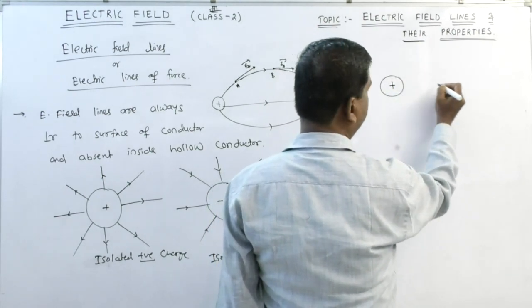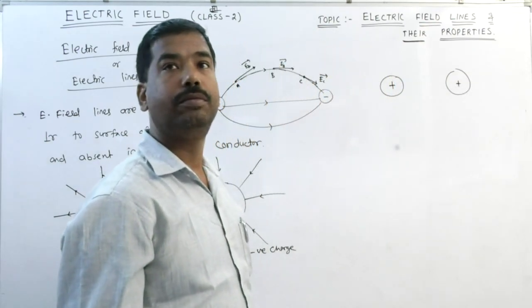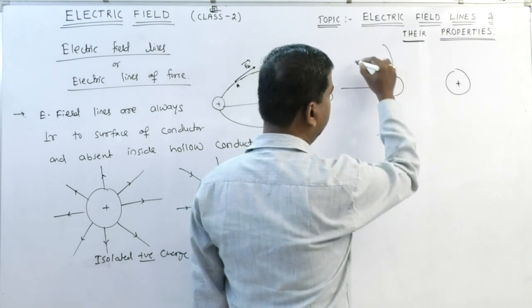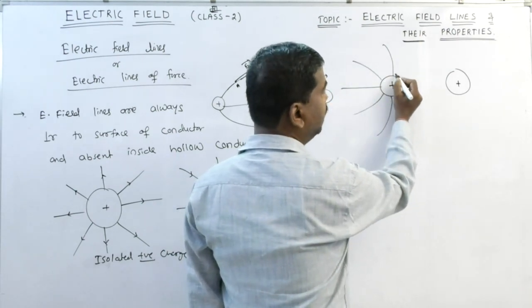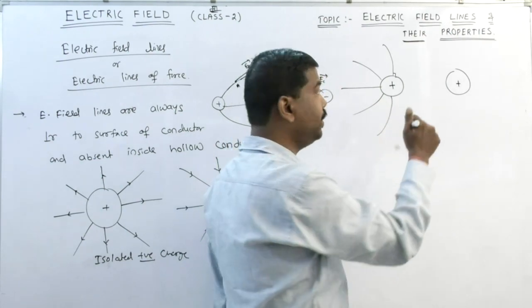Like this is a positive charge and this is a positive charge. For two like charges, electric lines of force are perpendicular to the surface of the conductor and move away from the positive charge.